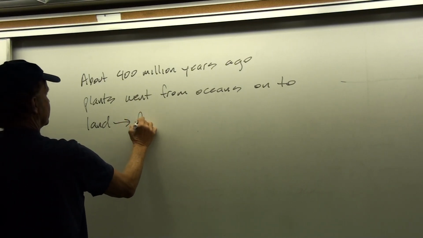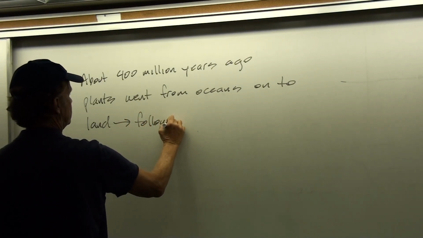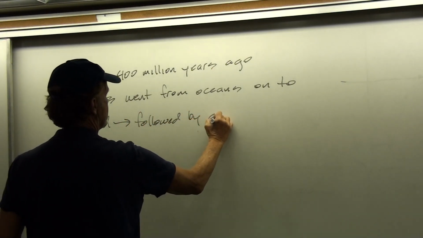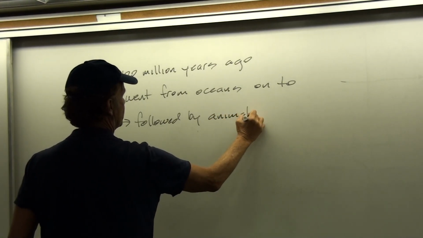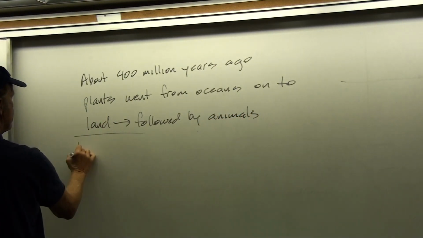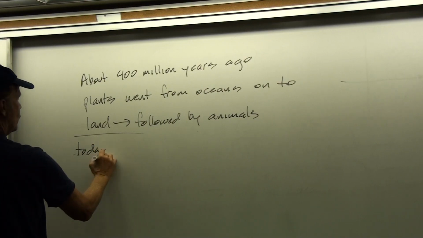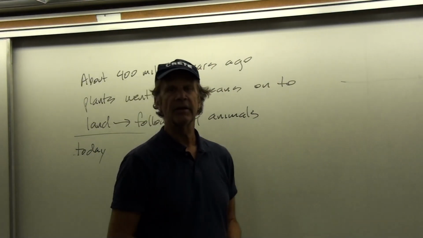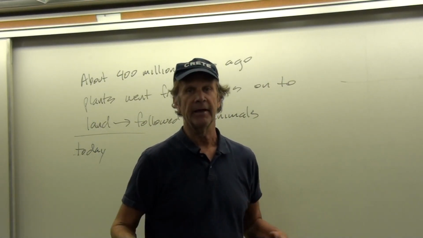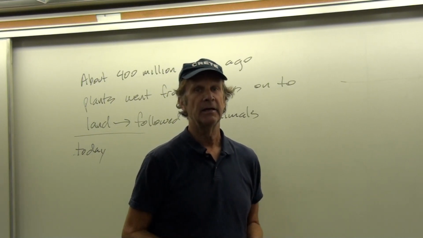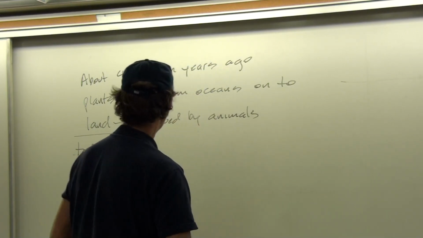Followed by the animals. Today, we believe about half of the atmospheric oxygen is produced by land plants and about half by photosynthesis in the oceans.